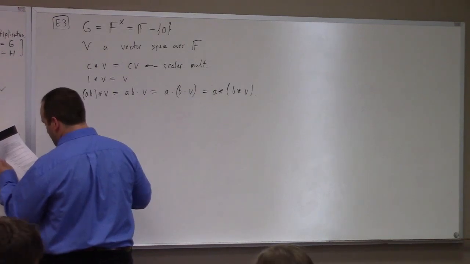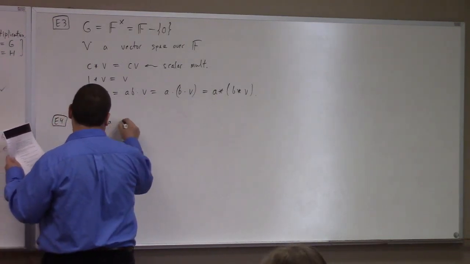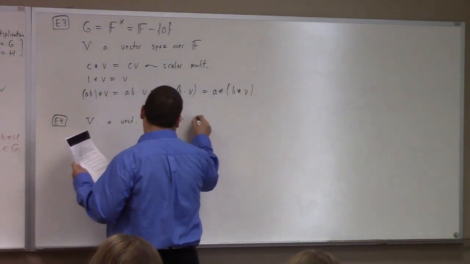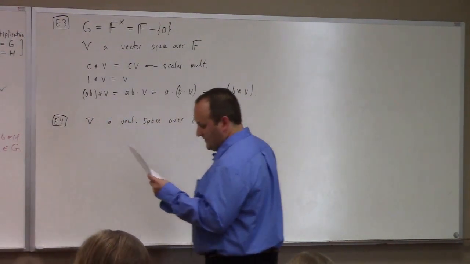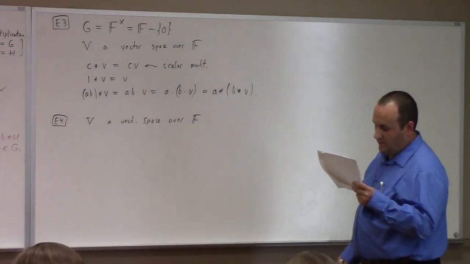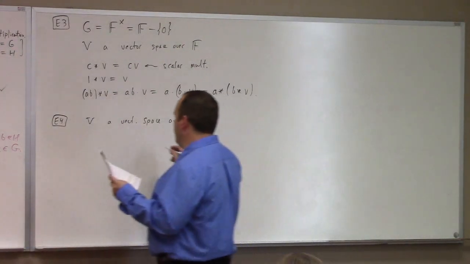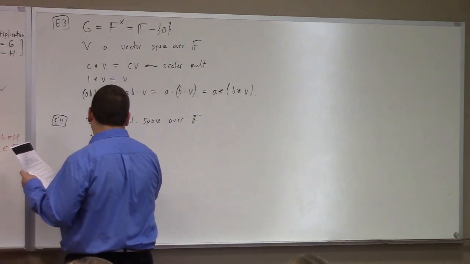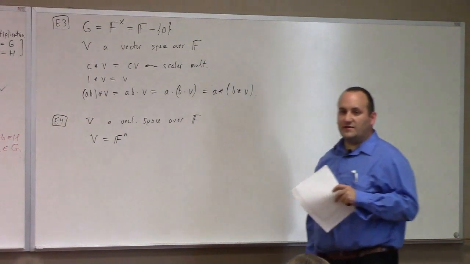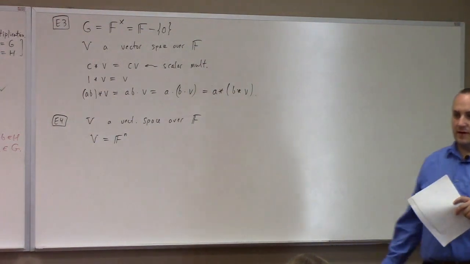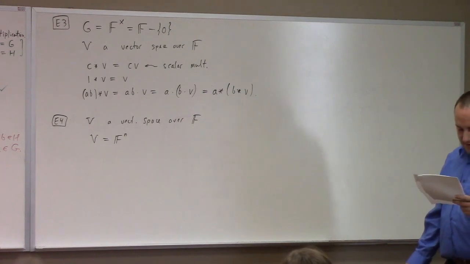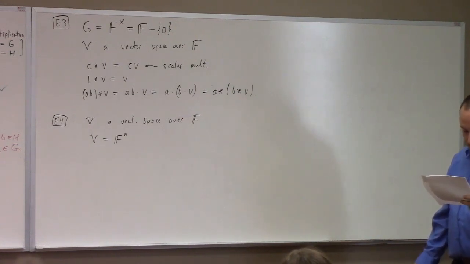If you have V a vector space over F, I like this example more. This one's more fun. And we're going to be more specific, V equals F^n. In other words, the n vectors with entries from the field, column vectors, the concrete set of column vectors of order n.